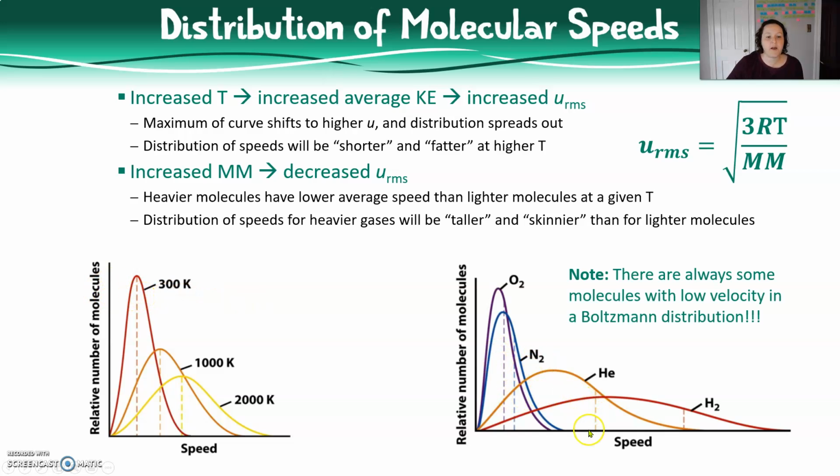Or we can label a graph based on differences in molar mass, with larger molecules giving tighter distributions with a maximum at lower speeds, and smaller molecules giving broader distributions with a maximum at higher speeds. So again, labeling graphs like this and recognizing this relationship between temperature, molar mass, and the speed of the molecules is really all we're trying to get at here.